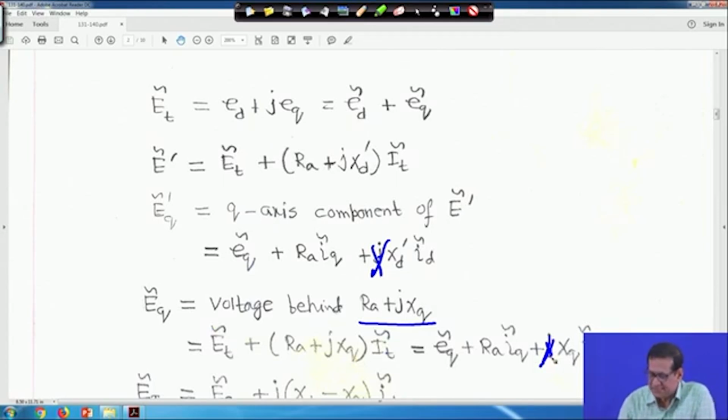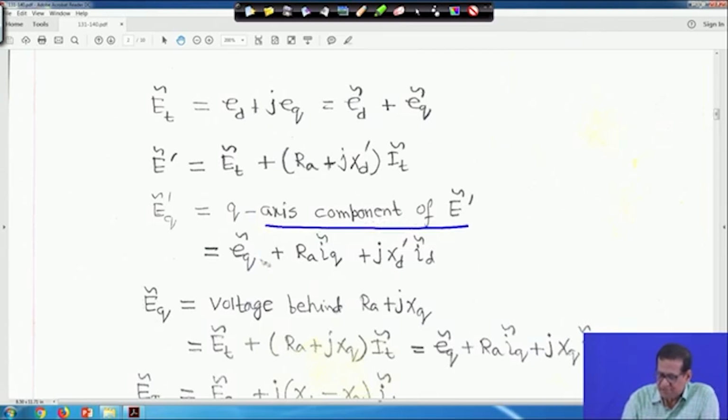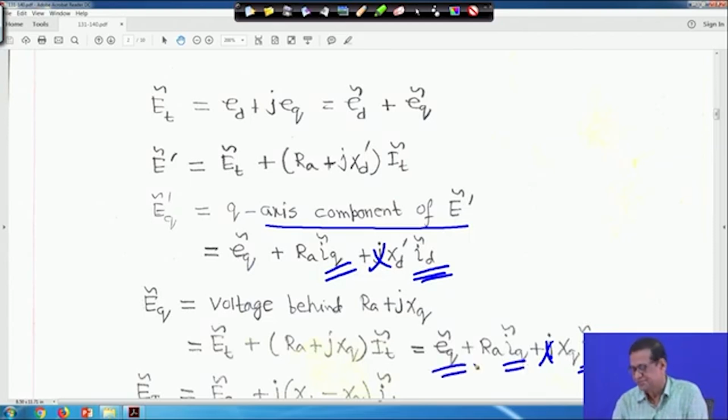Here I have multiplied, sorry. So EQ tilde is RA IQ plus XD ID tilde. This is correct, because we are already taking ID tilde and IQ tilde, and all are phasor quantities. So this j should not be there.